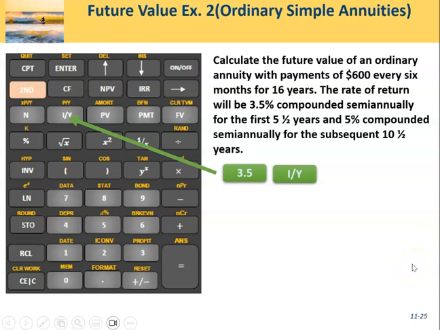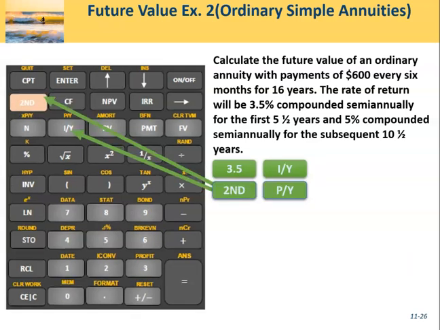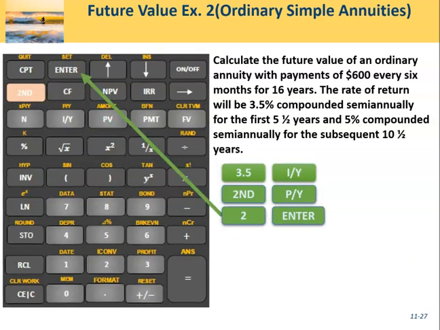Okay, so we're going to complete the first one for the first 5.5 years. So we have 3.5 IY, the interest rate annually. Then we need to go in and change the PY and the CY. So we're going to hit the second and the IY button. Okay, 2, enter, because again, the PY and the CY, the payments per year and the compounding per year, it's every 6 months for both the payments and the compounding.